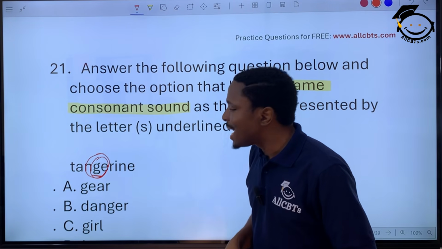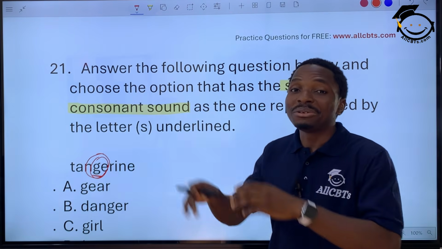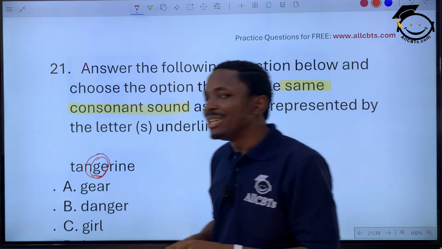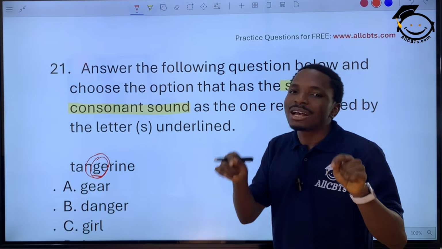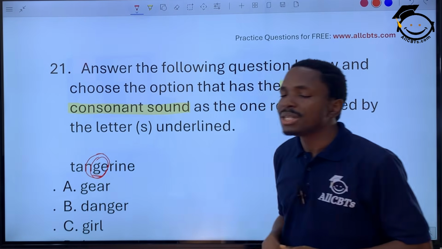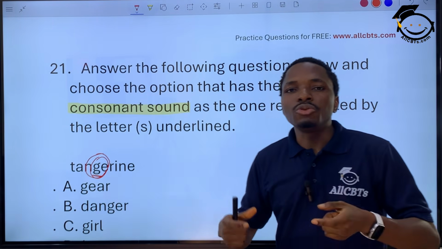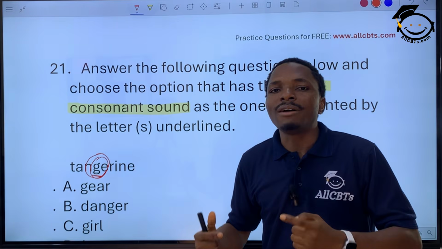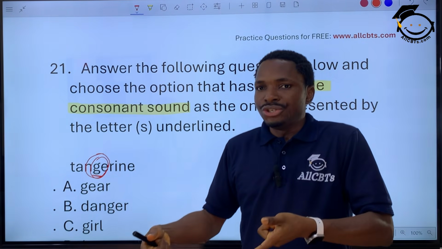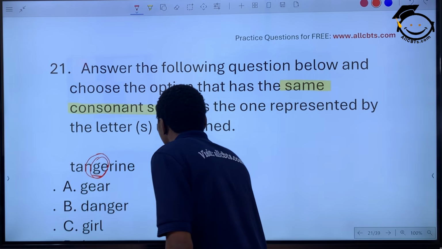If you say it like you are from somewhere in the bush, you would get the sound wrong. But this is tangerine. And if you can pick it, you will see that j sound in tangerine. That sound you also have in jump. You have it in joint, it is j. And this is the sound.